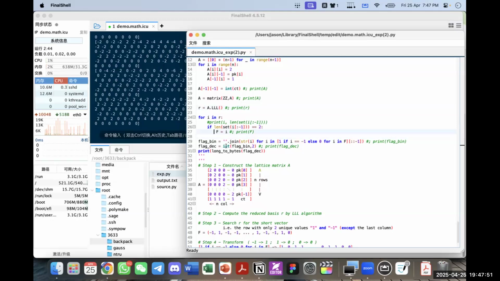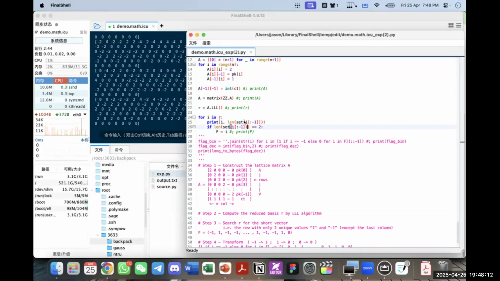If I do this for each row in the reduced vector, we print the unique elements.